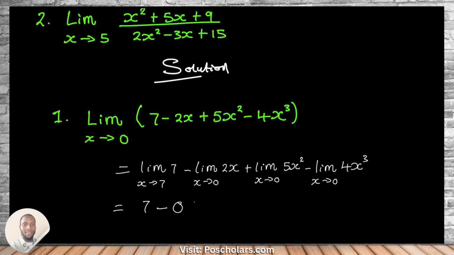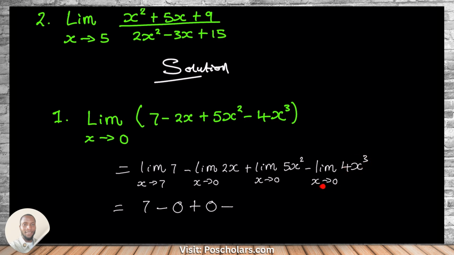So minus 0 plus, next, limit as x tends to 0 again. So when you plug in 0 here, 0 times 0 is 0. Then that 0 multiplied by this 5 gives 0 again. So that's plus 0. Then minus, next, limit of this function 4x raised to power 3 as x tends to 0.